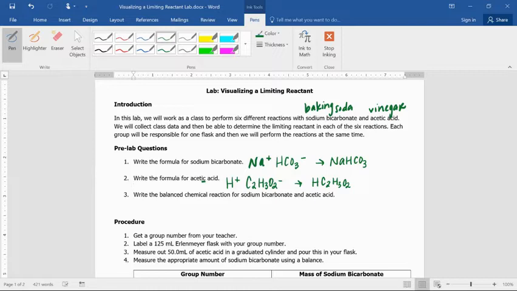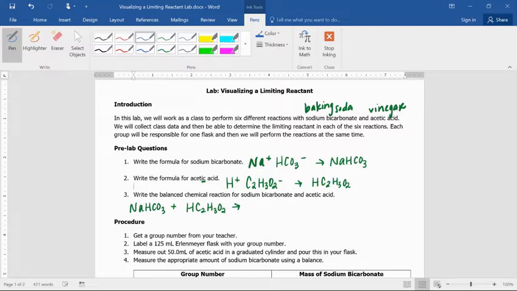So now let's write our balanced chemical reaction for sodium bicarbonate and acetic acid. We have NaHCO3 reacting with acetic acid. And because we have two compounds as our reactants, this is a double replacement reaction.